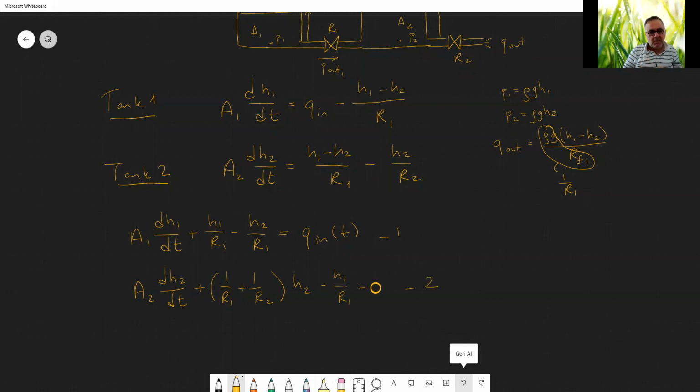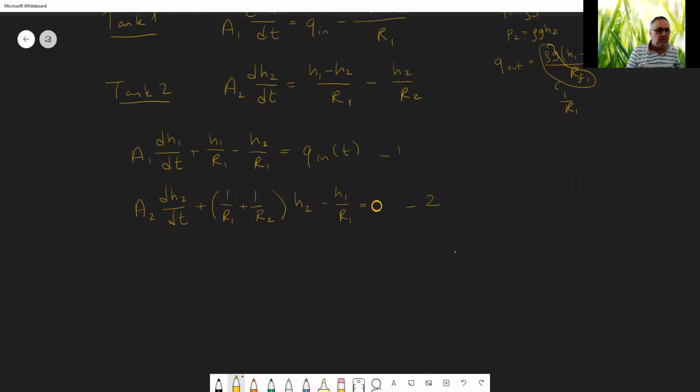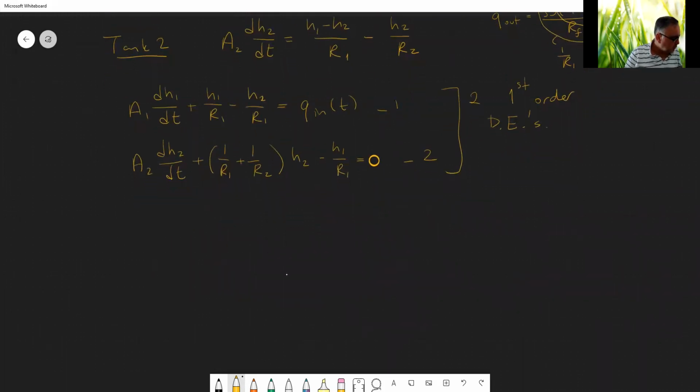Okay. So we have two first order differential equations, as you see. If you want to find, let's say, transfer functions, you replace, again, the derivatives with s terms.